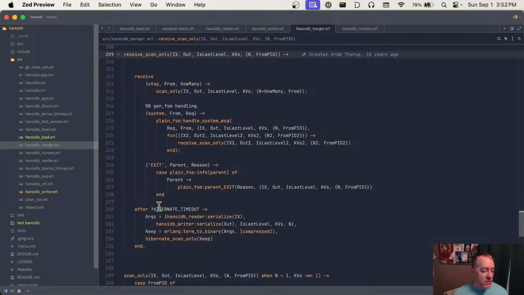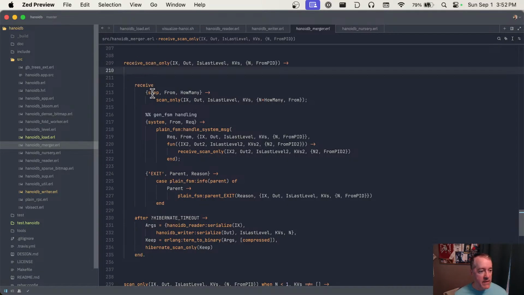Okay, so it's just waiting. Right, so it's waiting for a message that's saying, hey, do some more merging. And if it gets any other messages, it's going to do some Erlang stuff that probably won't apply to us. But if it's not doing anything, it's going to wait until it hits this timeout, at which point it's going to hibernate. So this is a memory saving operation.